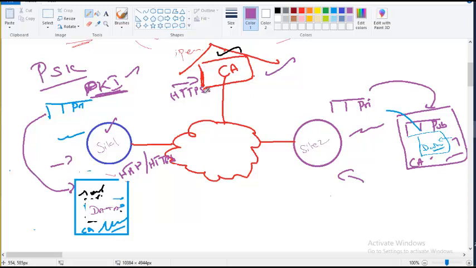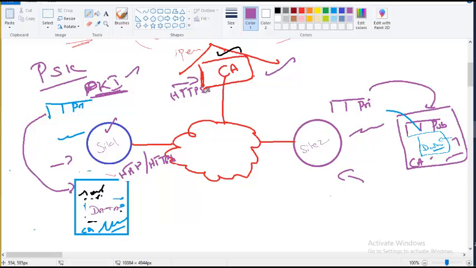How can we use PKI? Then you need to copy the public key and send it to someone through email or a flash drive to the other side, or through cell phone, WhatsApp or message, something like that, and they will copy and paste it. But that is not the usual way.